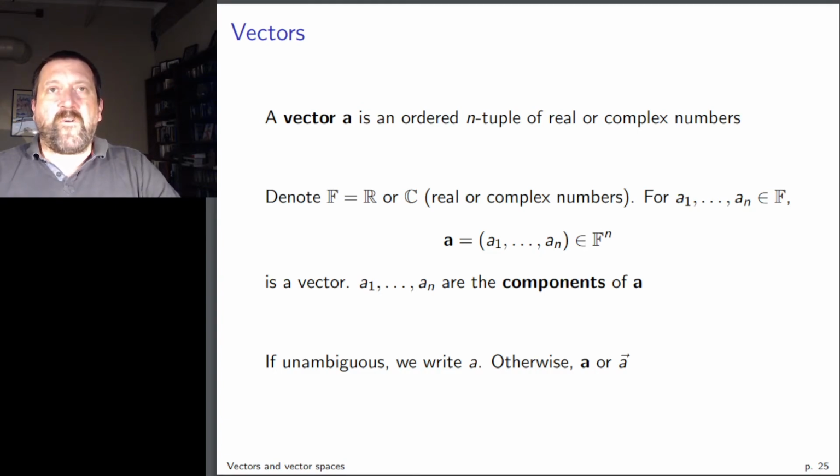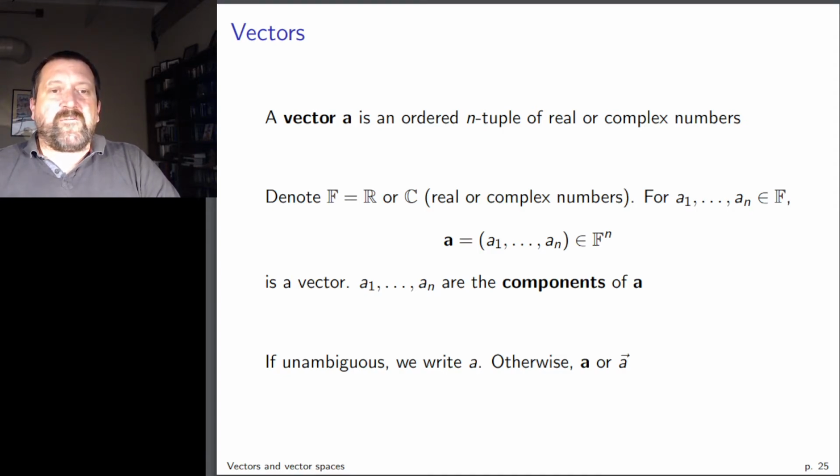So an n-tuple is simply n entries, okay? And here and later, I'm going to use that capital F with 2 bars to denote either R, the set of real numbers, or C, the set of complex numbers. So if it's not really important whether we are talking about real or complex numbers, I'll just use the notation F. Otherwise, I'll make it clear that we're using either R or C.